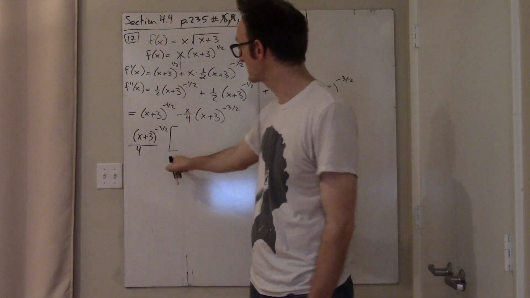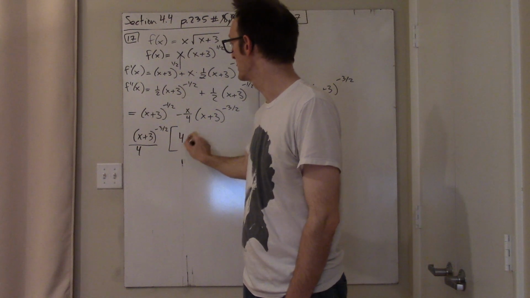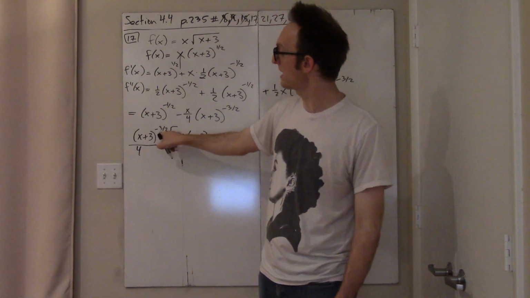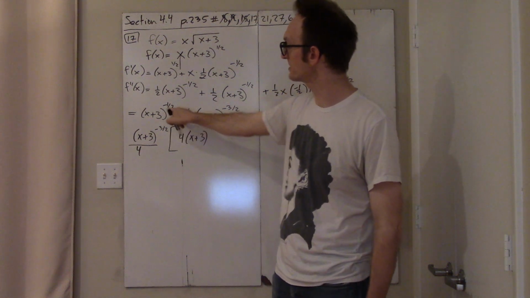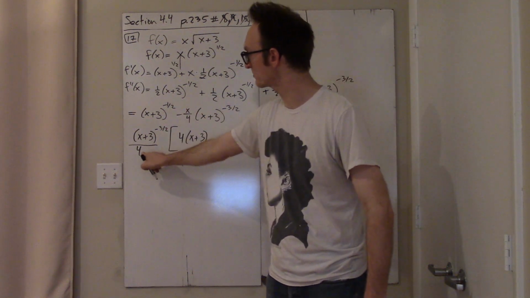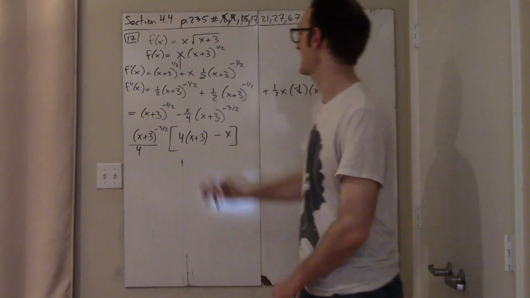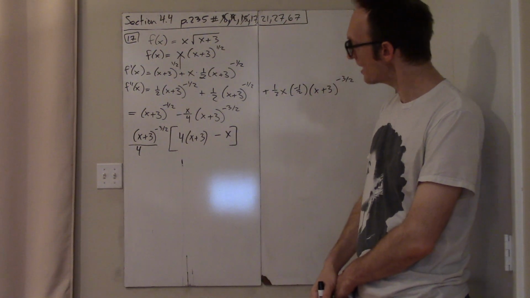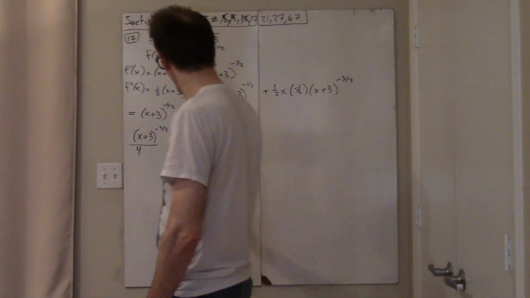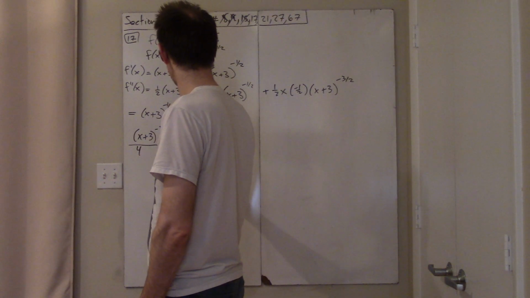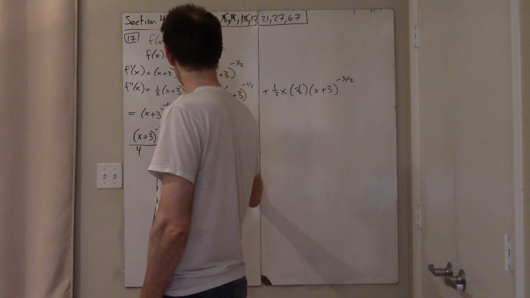Well, if I do that, then I'm left with 4 times x plus 3 to the 1, because something to the negative 3/2 times something to the 1 will be something to the negative 1/2, and this 4 is to cancel the 1/4. And then over here, I guess this is just minus x. Yep. And so what's here in the bracket? It's like 4x plus 12 minus x.